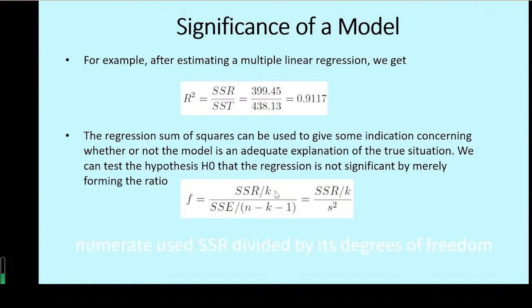The numerator is SSR divided by its degrees of freedom, K variables, and the denominator is SSE divided by its corresponding degrees of freedom. If the numerator is very big compared to the denominator, F will be very big and significant, so the model is quite good.